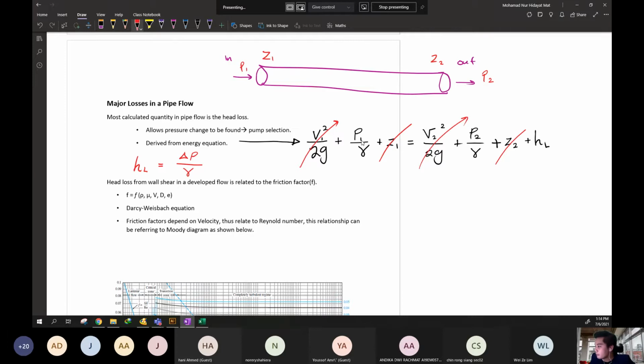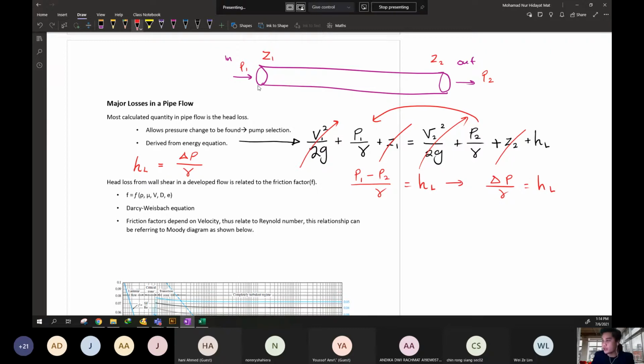We have P. This one moves to the other side, so P1 minus P2 over gamma equals heat loss. This leads to delta P over gamma equal to heat loss. Simple like that. This is when we consider the horizontal.